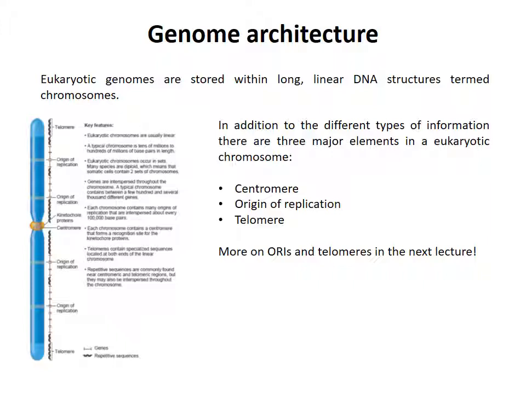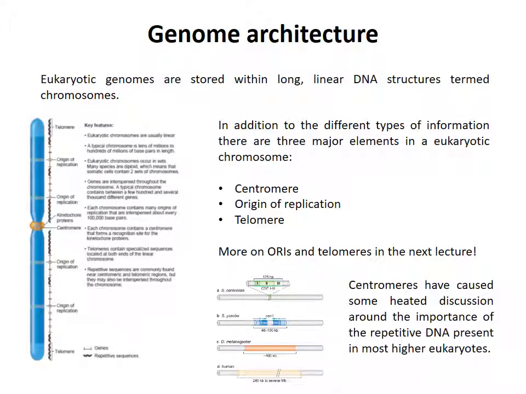So to do this, the cell latches onto the centromeric region by virtue of a series of proteins known as kinetochore proteins, and it latches on with tubulin, which is a structural microfilament found within the cells that forms part of the actin and tubulin cytoskeleton. Centromeres themselves are quite interesting in terms of the structure. They differ between eukaryotic cells.